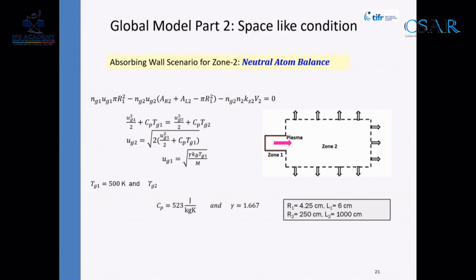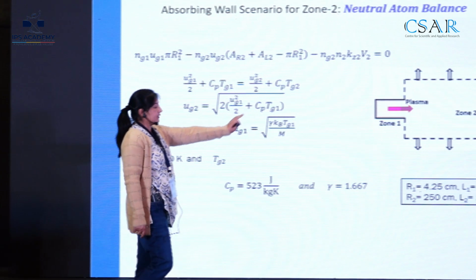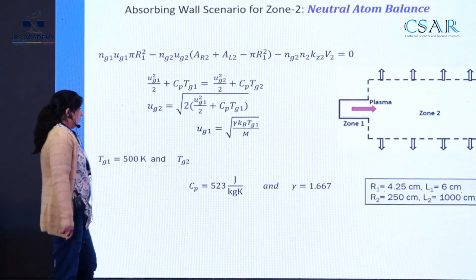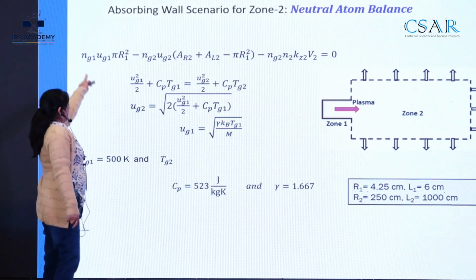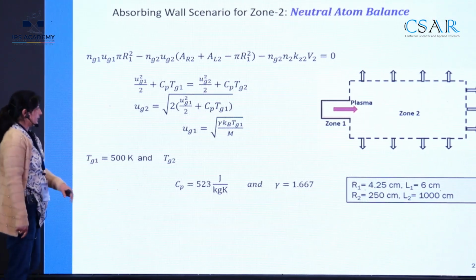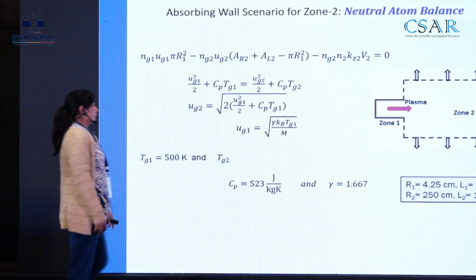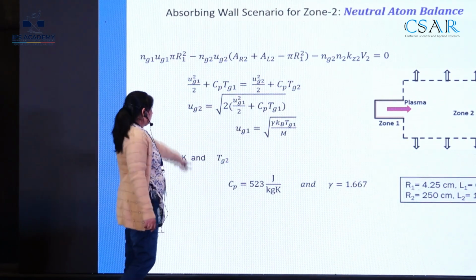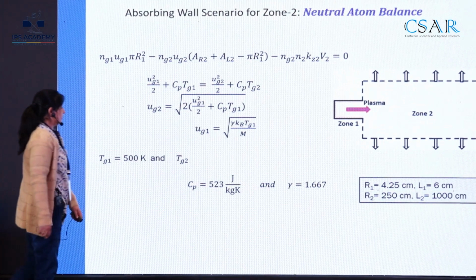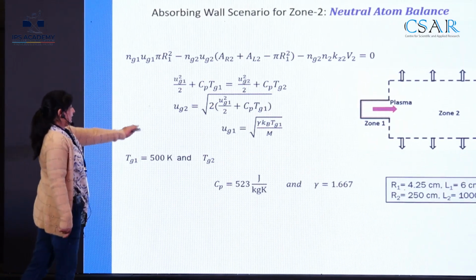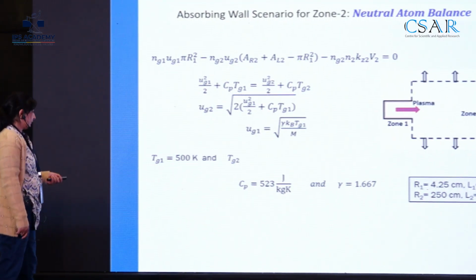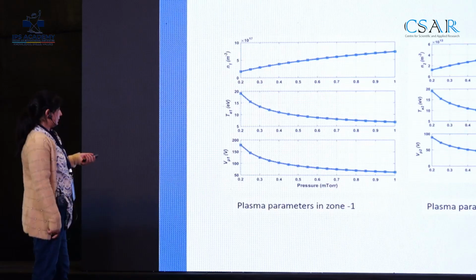Next we move to part 2, where we receded the walls. Because now we are receding the walls, the neutral gas density is not constant in zone 2. So we took the neutral density conservation equations, and also the gas is being cooled, so we took the enthalpy conservation equations to calculate the temperature and the density of the neutrals, and then the rest of the calculations were made.